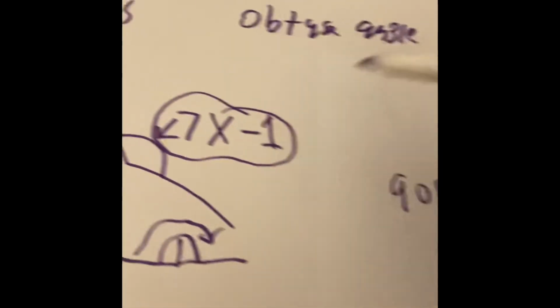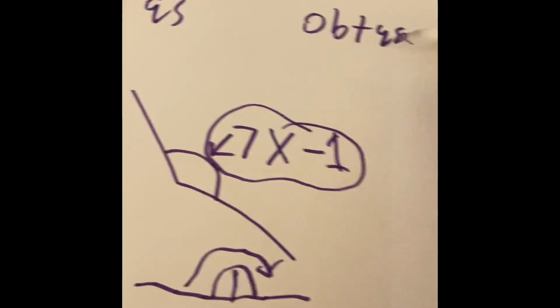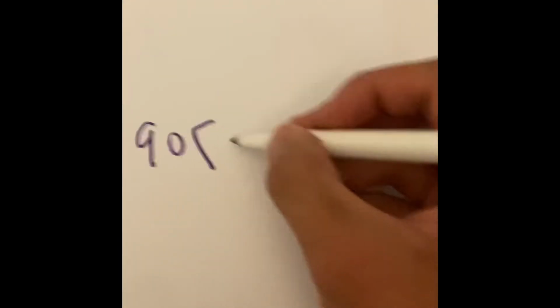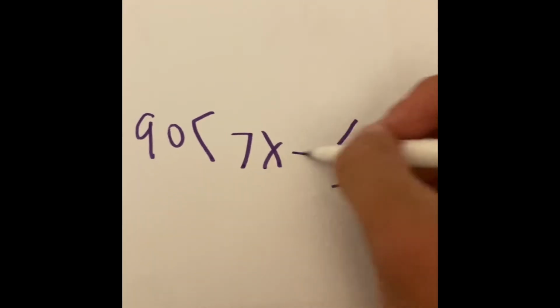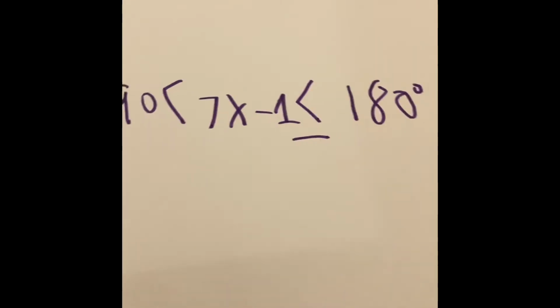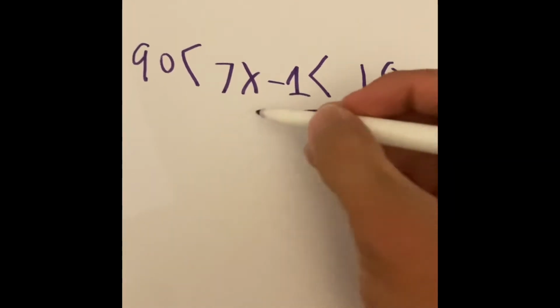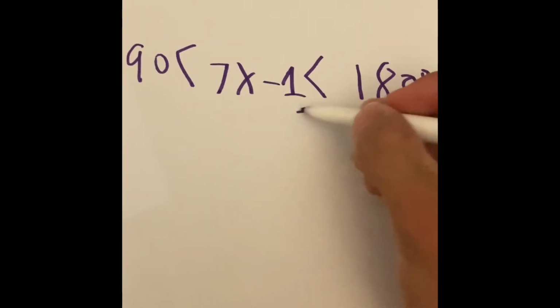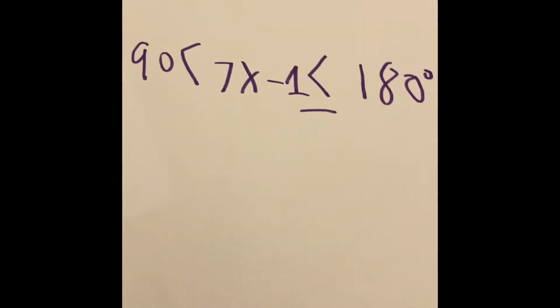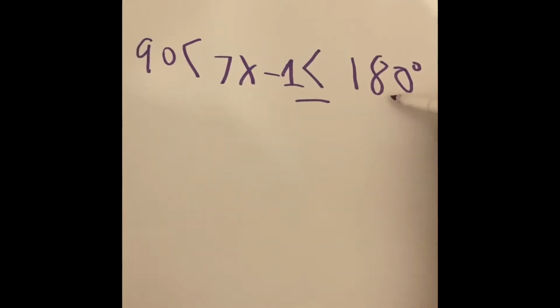So, since we have this equation up here, we're going to insert it into here. So, 7x minus 1. So here is our equation. 90 has to be less than 7x minus 1, but can be less than or equal to 180 degrees.